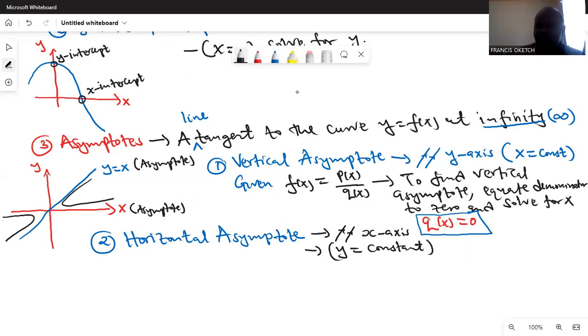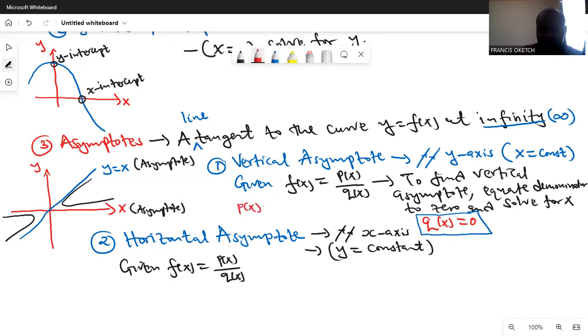So when you're given a function f of x is equal to p of x over q of x, how do you find the horizontal asymptote? Again, you can write that given f of x is equal to p of x over q of x. Of course, I ought to have said here that p of x is not equal to 0. That's very important.